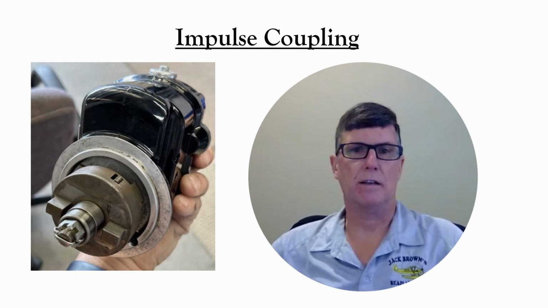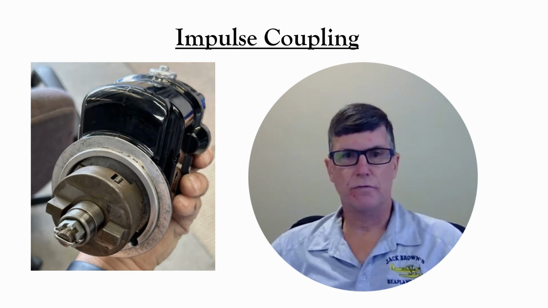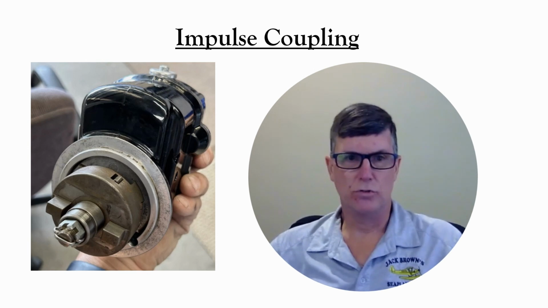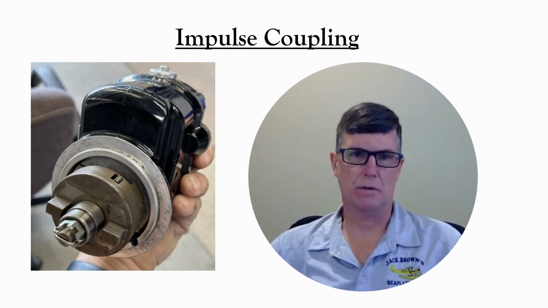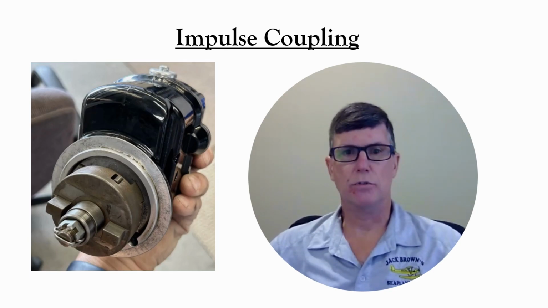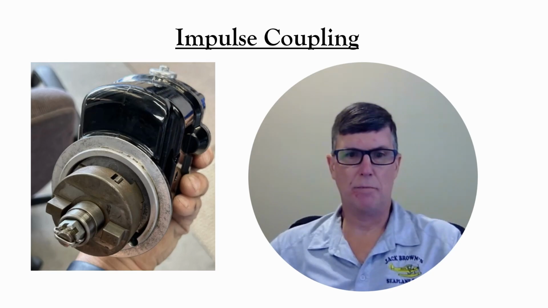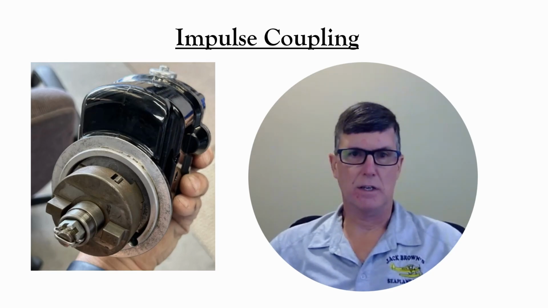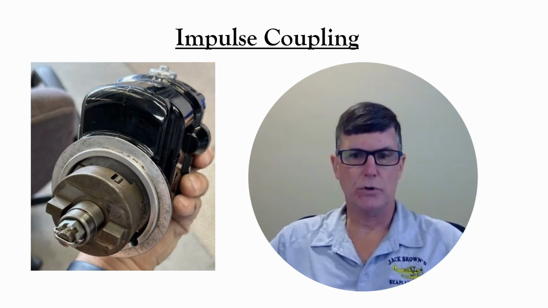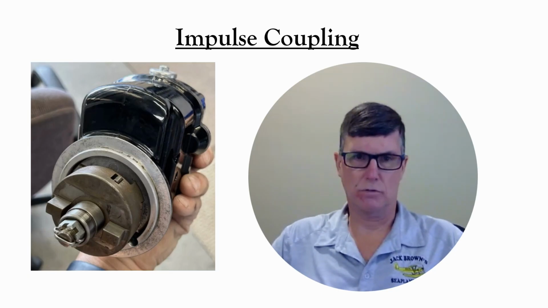During engine cranking, the engine doesn't turn fast enough for the magneto to produce a good quality spark. Even if it did produce a spark, the spark would happen too early and the fuel would be burning before the beginning of the power stroke.